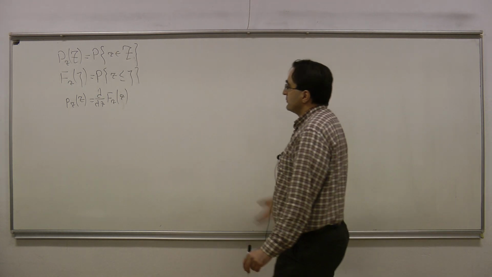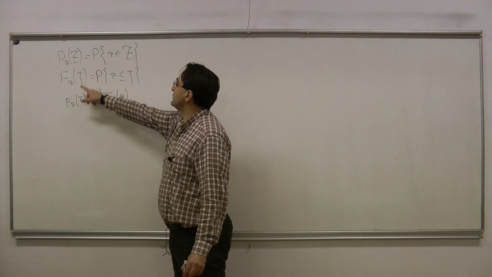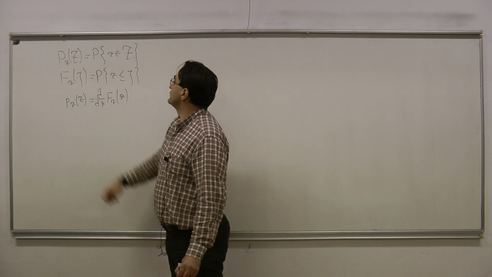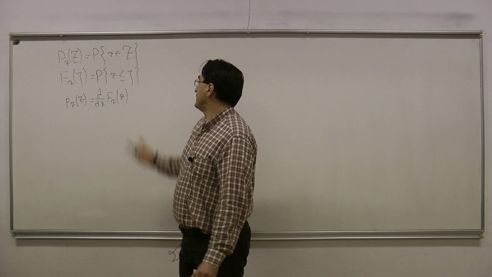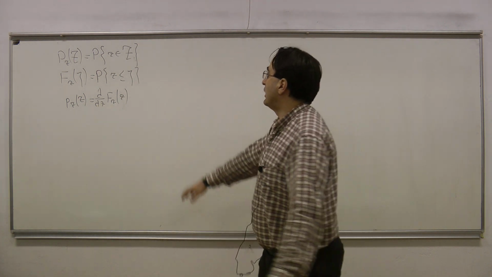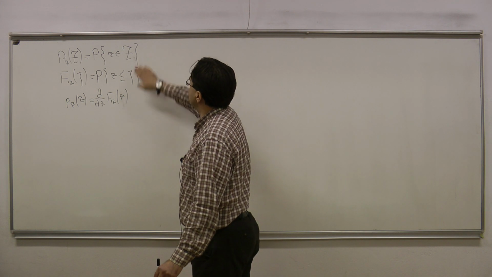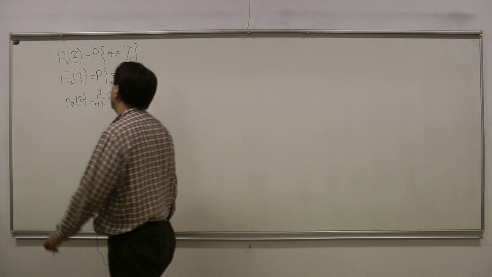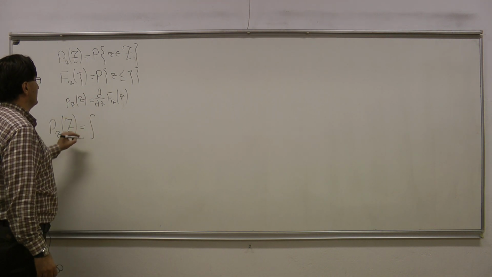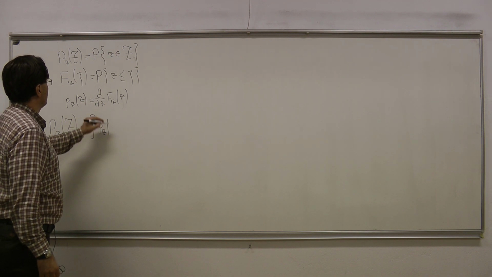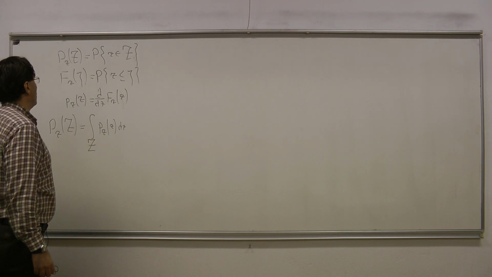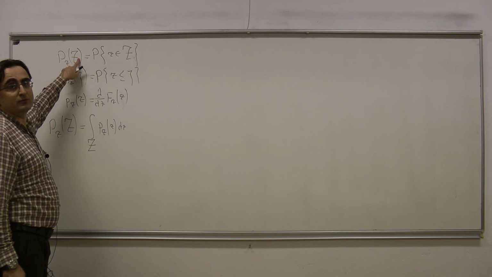So in the first lecture, I have written Pz in terms of the distribution function and Fz in terms of the distribution function here. So here I can actually do the reverse if I assume that the density function exists. So I can actually write all of the upper ones in terms of the last one here. How can I do that? So I have Pz of capital Z is an integral with Pz of z dz, and I need to integrate over this subset of Rn.